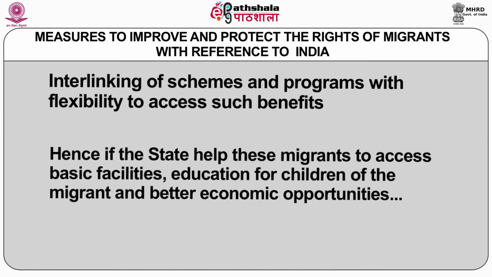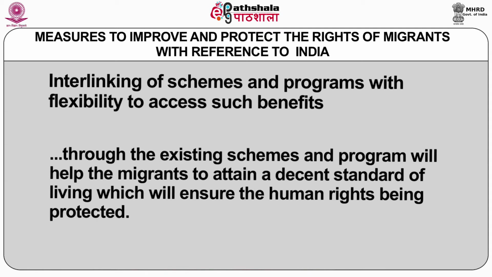Hence, if the state helps these migrants to access basic facilities, education for children of the migrants, and better economic opportunities through the existing schemes and programs, it will help the migrants to attain a decent standard of living, which will ensure the human rights being protected.